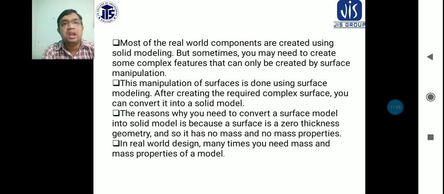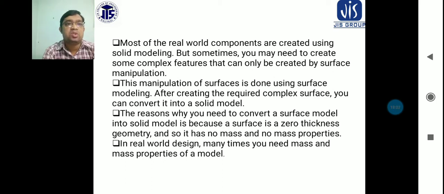Most real world components are created using solid modeling, but sometimes you may need to create some complex features that can only be created by surface manipulations. These manipulations of surfaces are done using surface modeling.